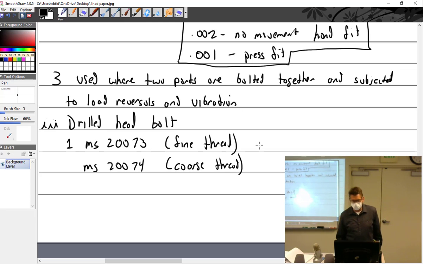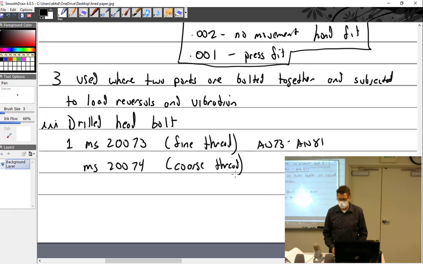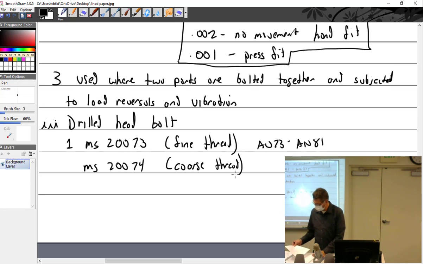Okay, so this was also the AN73 to AN81, but it's confusing with the fine and the coarse thread in there. So that's why I go with the MS number. It makes much more sense. And you are correct about the MS20074. It says it's national coarse thread. It's principally used for aluminum and magnesium castings. Nice.